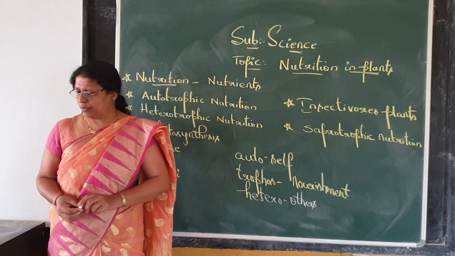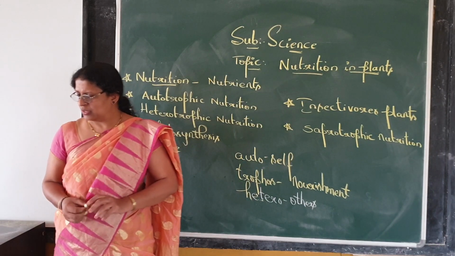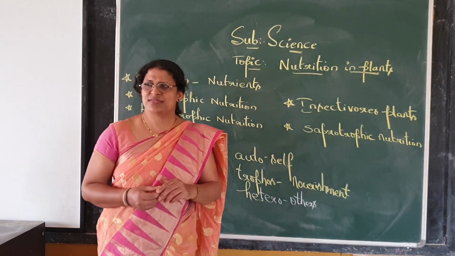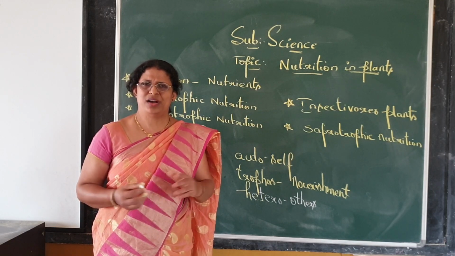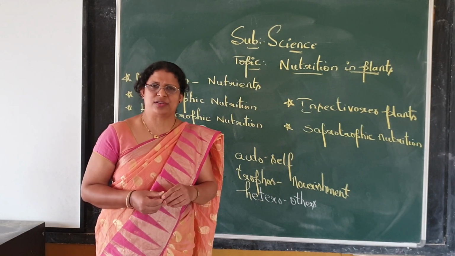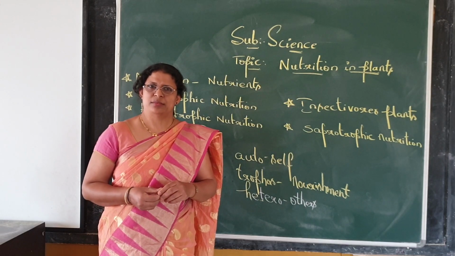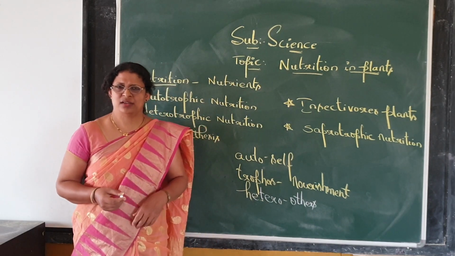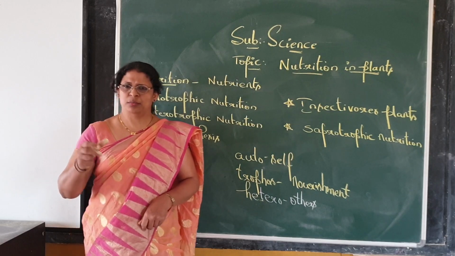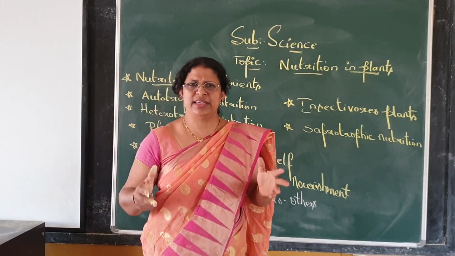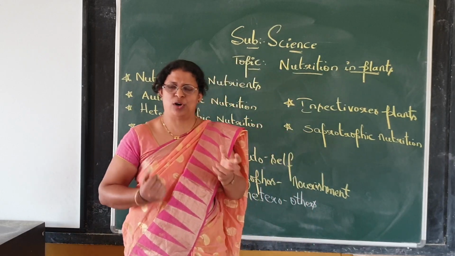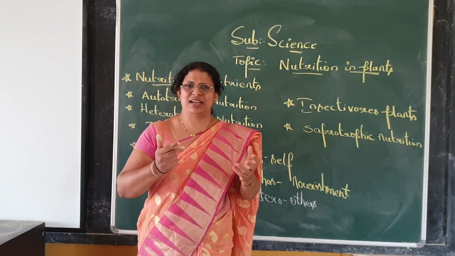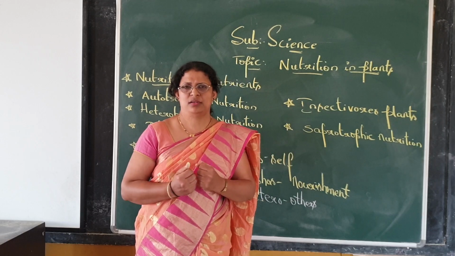When we talk about leaves, they are the food factories for the plants. Why do we say they are the food factories for the plants? Because whatever water and minerals remain in the soil will be absorbed by the roots and transported to the leaf.